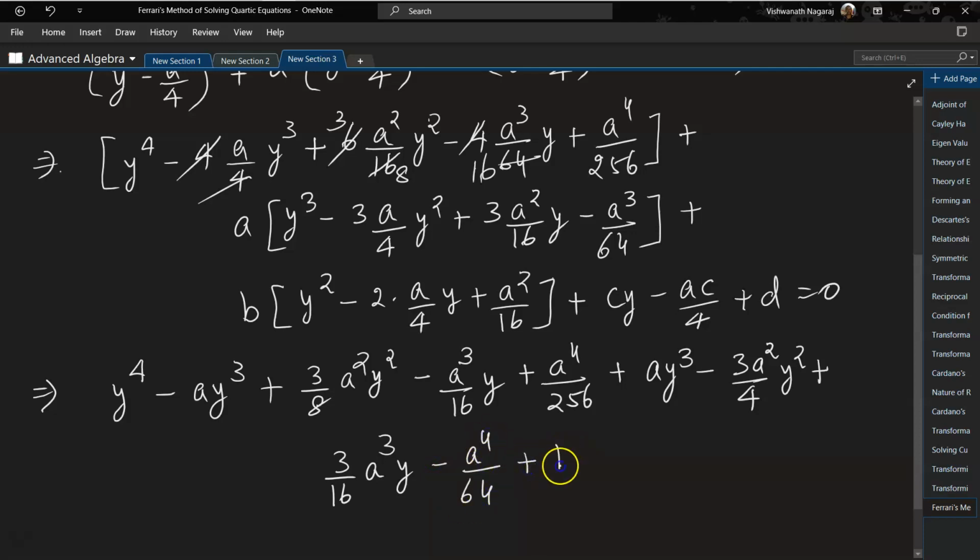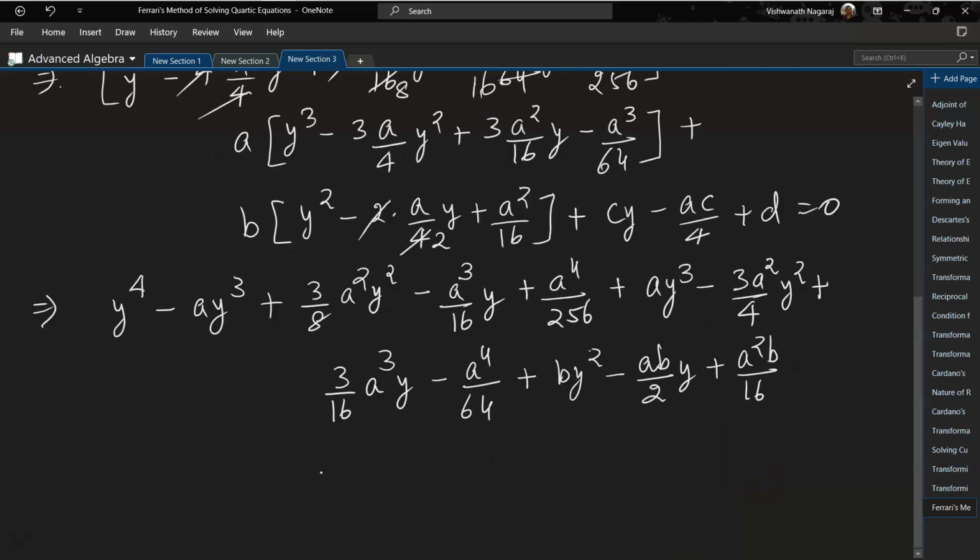Next will be b y square minus, this 2 will cancel, so this will become ab by 2 y plus a square b by 16, then plus c y minus ac by 4 plus d equal to 0.